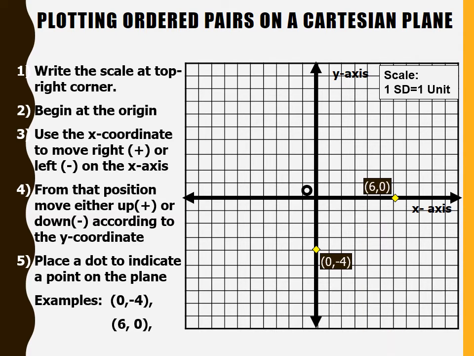We can also plot 6, 0 on the x axis in the positive direction, and also minus 3, minus 6 can be plotted on the graph paper in the third quadrant like this. Remember to highlight the point which you are plotting.